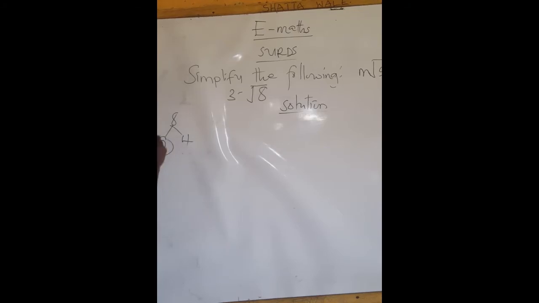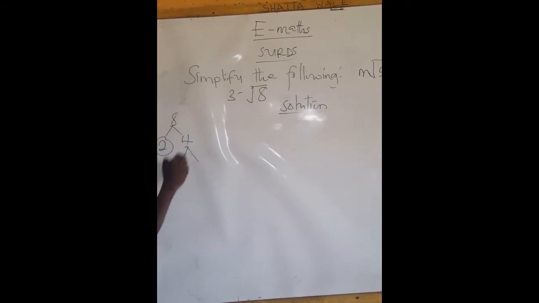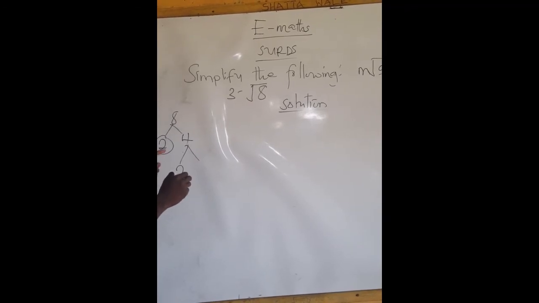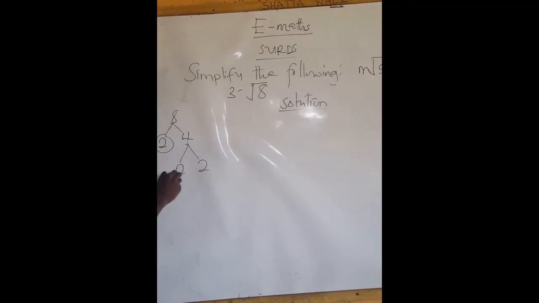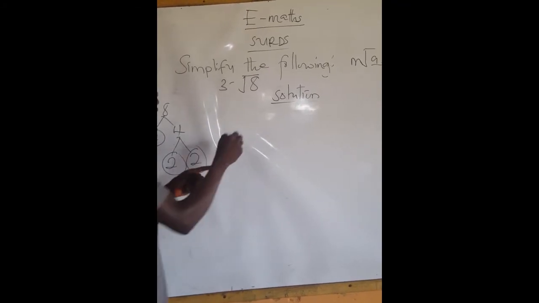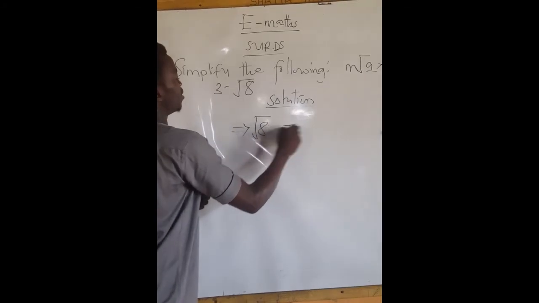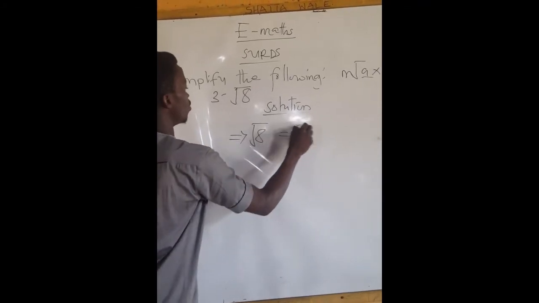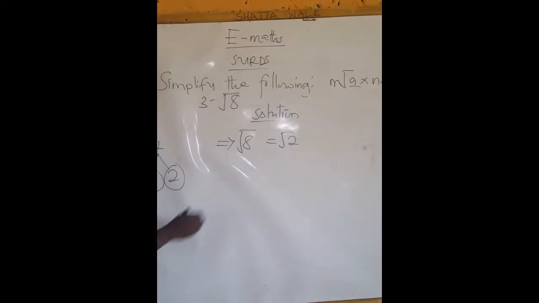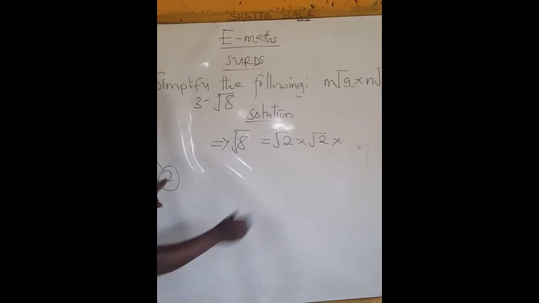So 2 is the prime number, 4 is not a prime number, so we focus on the 4. Now 2 can go into 4 how many times? 2. Now we've gotten 2 to be a prime number, 2 also to be a prime number. So it means our root 8 can also be written as root 2 times root 2 times root 2.